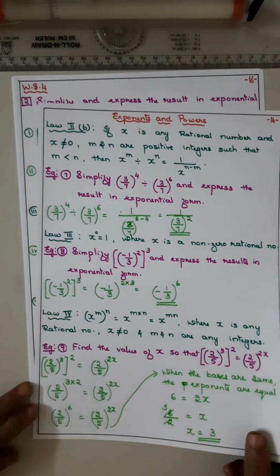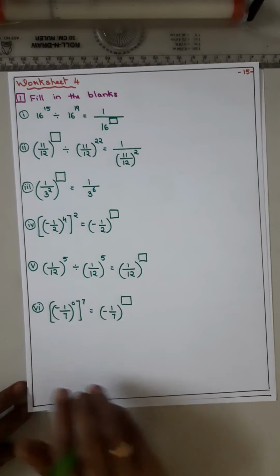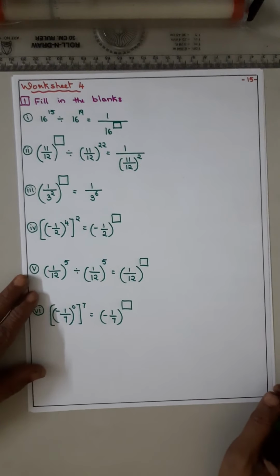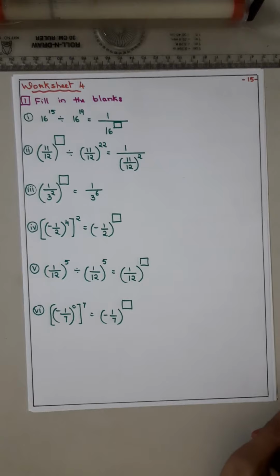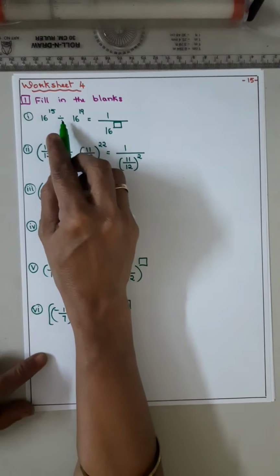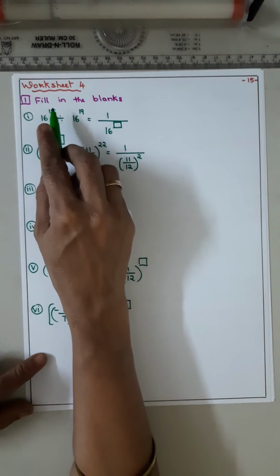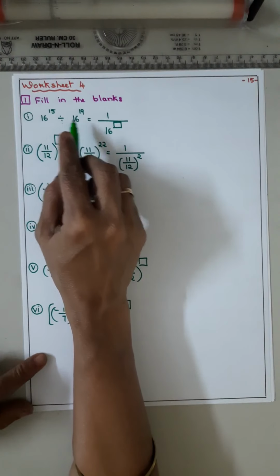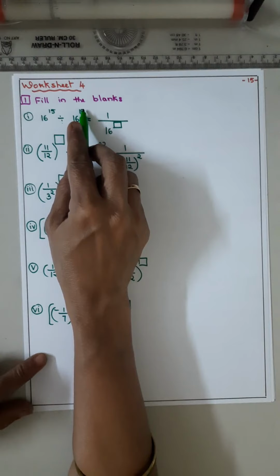Now coming to worksheet 4. In worksheet 4, fill in the blanks. First question: 16 to the power 15 divided by 16 to the power 19.